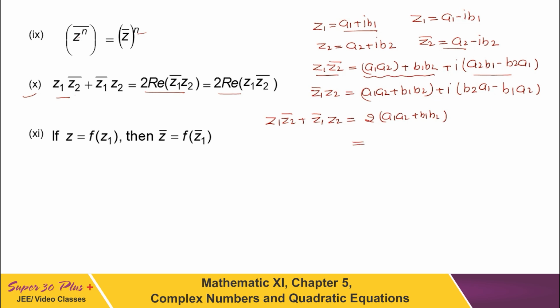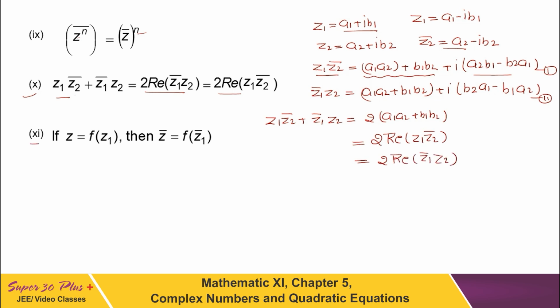After adding equation number first and equation number second, we find that this is equal to twice of (A1 A2 plus B1 B2). So you can write it is twice of the real part of Z1 Z2 bar, and it is also equal to twice of the real part of Z1 bar Z2.